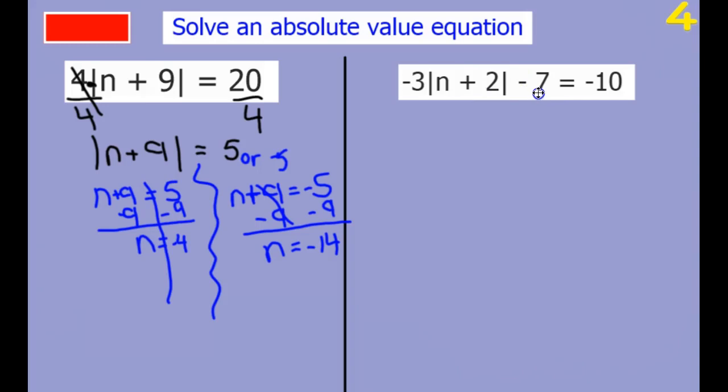Just like in solving equations, we always undo addition or subtraction first. So we need to undo the subtraction, and we need to add 7, because the opposite of minus is add. So we're going to add 7 to both sides.